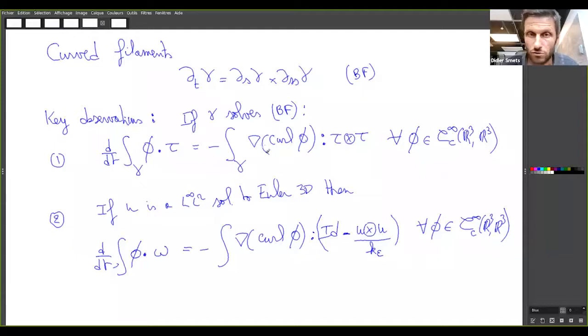And of course the test function, but you see we start from an equation which has two derivatives on the curve gamma, and in this formulation only its first derivative, its tangent, appears.